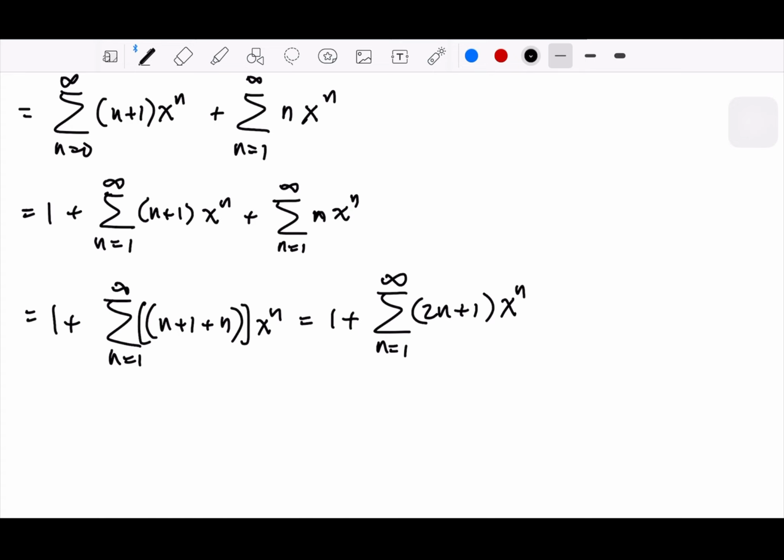If you play with the series here, we have n plus (n + 1), and we play with the n. Imagine n is 0. What will happen? It's just 1, right? So we can combine this one also, because when n equals 0, it's 1. So we can make this series, and that's our series.